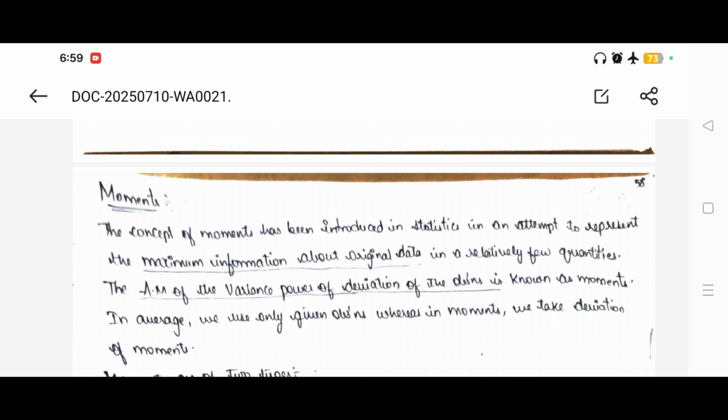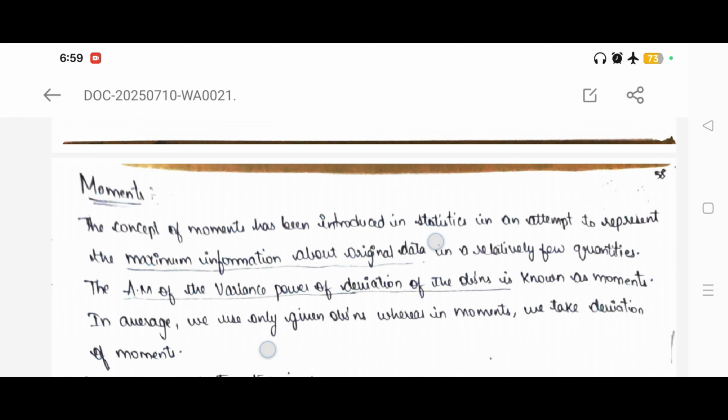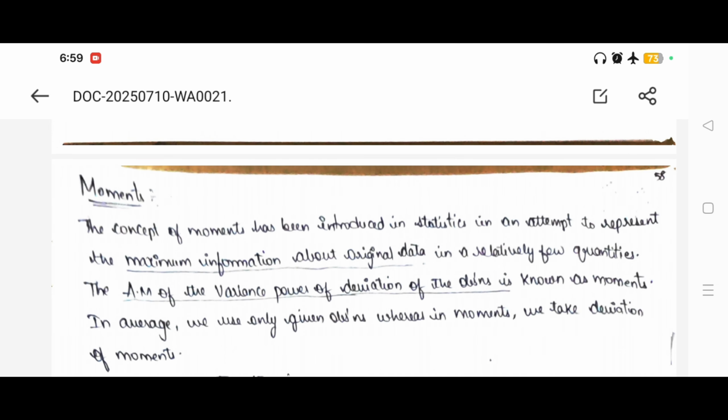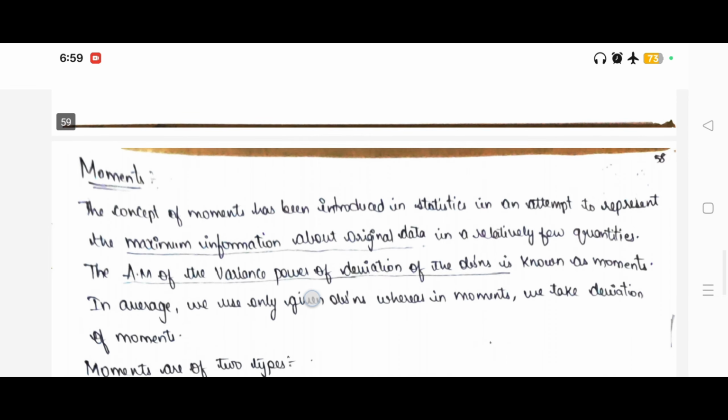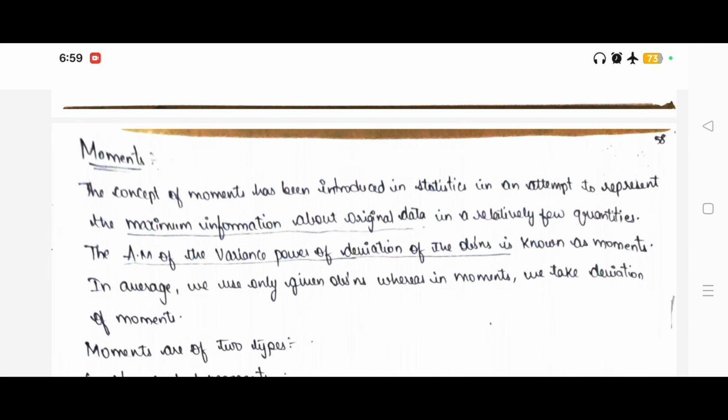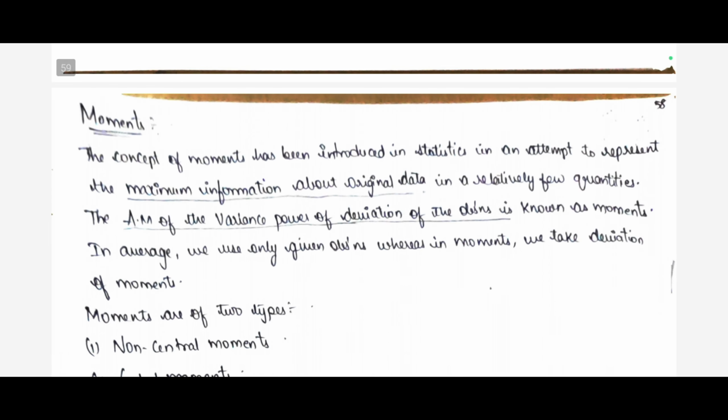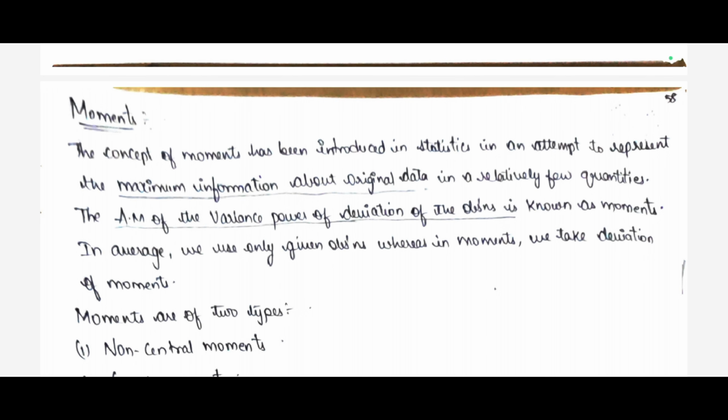The concept of moments has been introduced in statistics to represent the maximum information about the original data in a relatively few quantities.